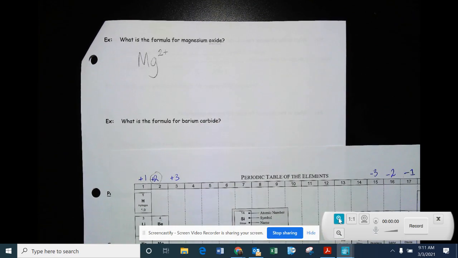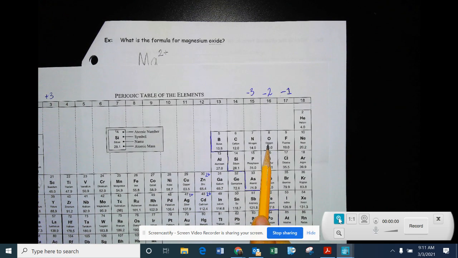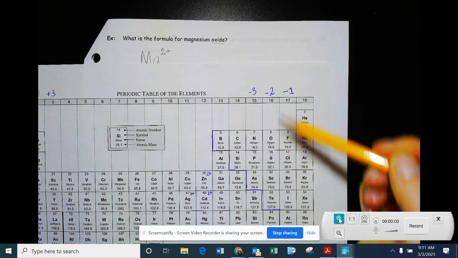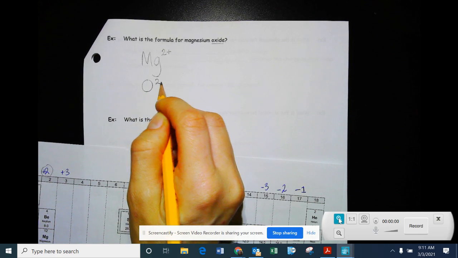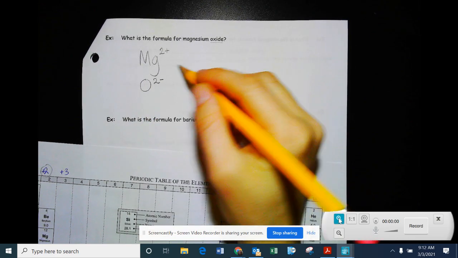So magnesium oxide means magnesium and oxygen. Oxygen is over here. And how many electrons does oxygen like to receive? 2. Yeah. So it's in that 2- column. Yes, exactly. So it does cancel each other out.